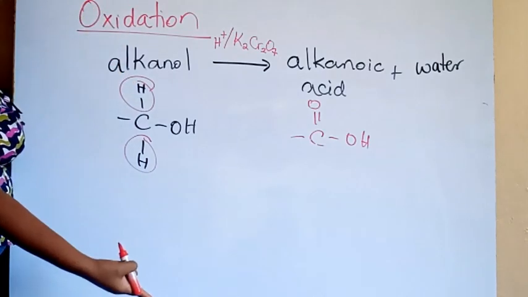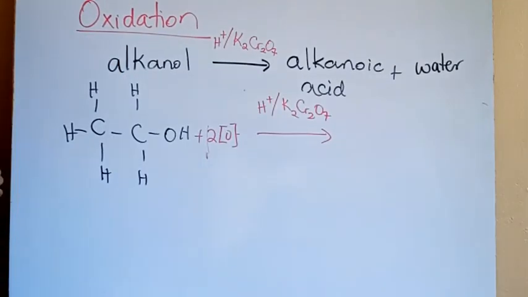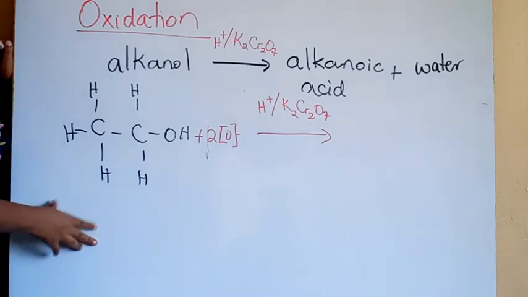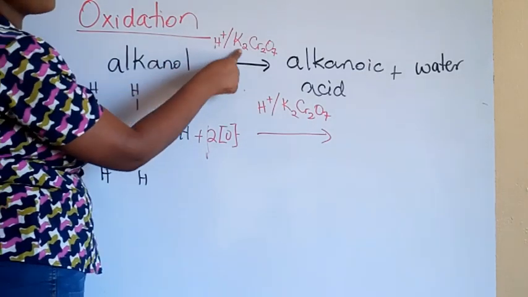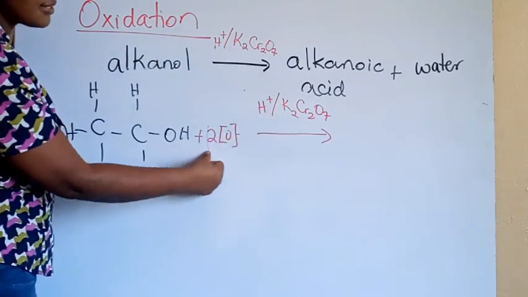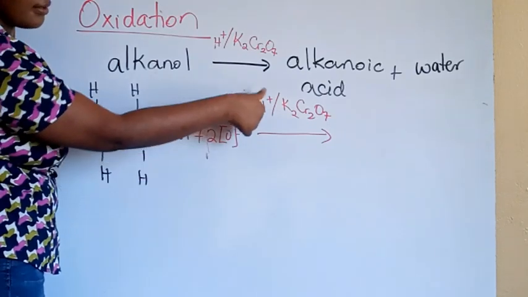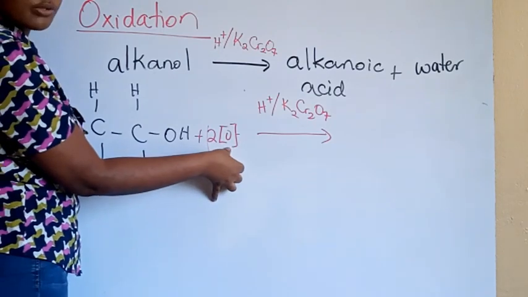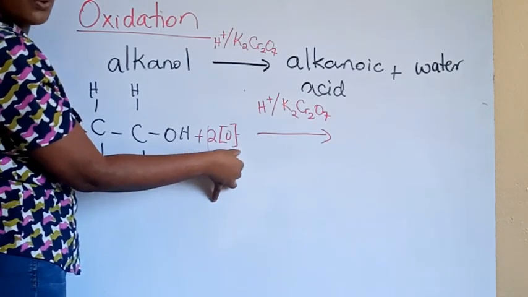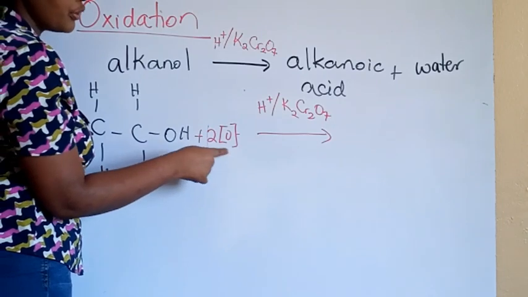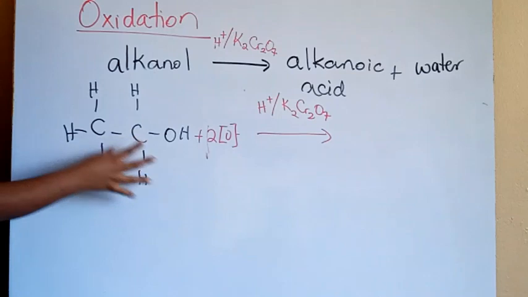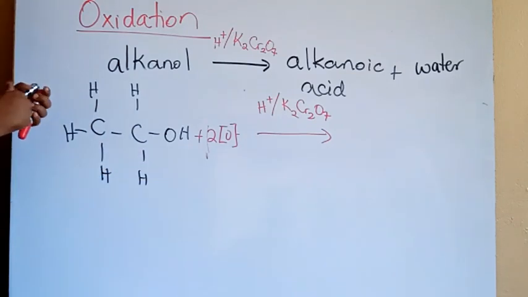Let's look at an example. So in this reaction, it's oxidation, and what we have here is ethanol. The oxidizing agent, which is the acidified potassium dichromate, is going to add 2 oxygen. We represent this, although this is the condition, this is what it adds to the reaction: 2 O's, right? You notice there's a square bracket around the O's, so it's not O2. It's called 2 free O's, so it's 2O. So again, these H's are going to be replaced.